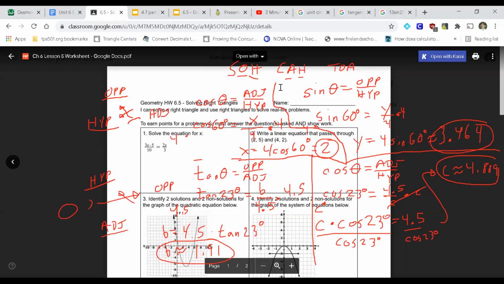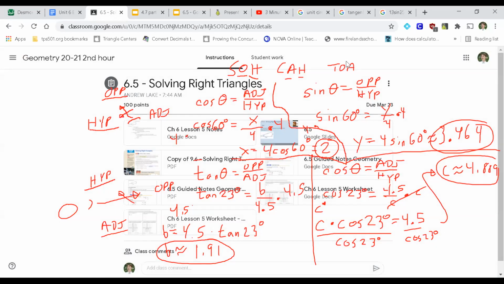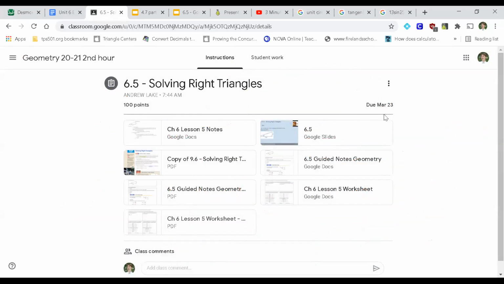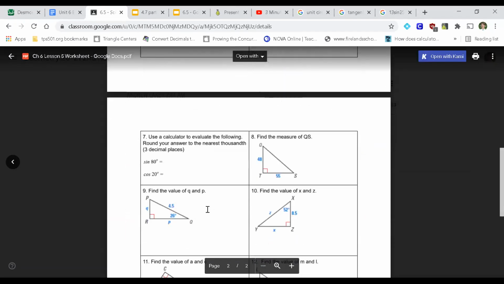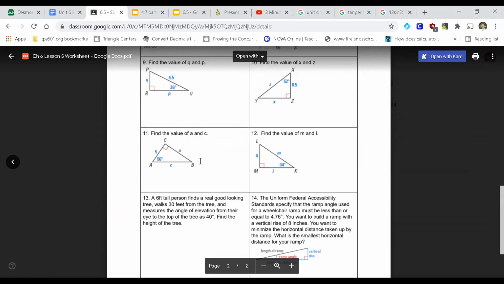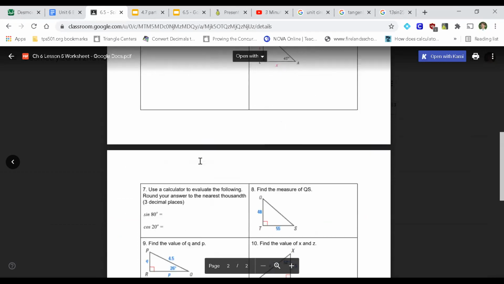So the homework for 6.5 is not due till Tuesday. We aren't quite done with 6.5. We're gonna do some applications, but you should be able to do problems 1 through 12.